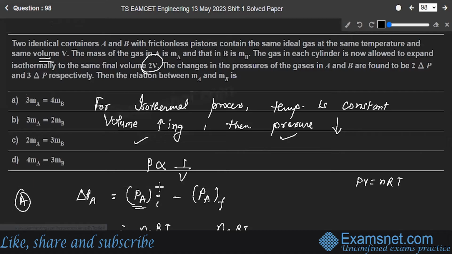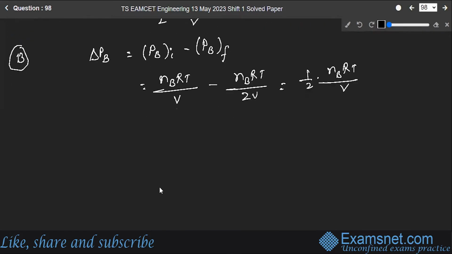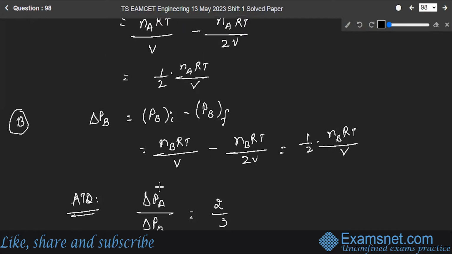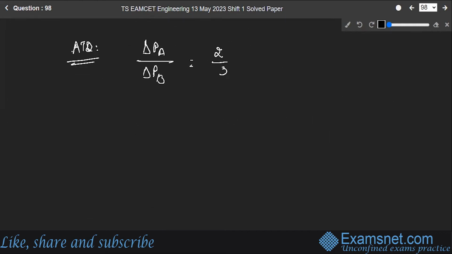Right, so I have these two equations. Now in the question, it is given that the changes in the pressure in A and B are found to be 2 delta P and 3 delta P. That means, according to the question, delta PA upon delta PB is equal to 2 by 3. So let's say this is equation 1, equation 2, dividing 1 and 2.